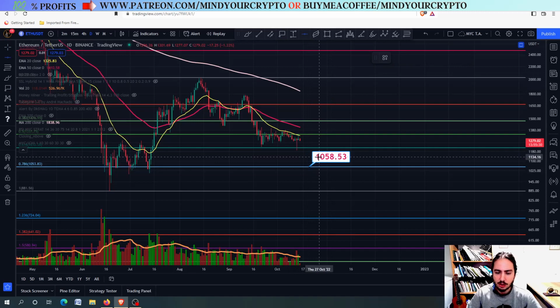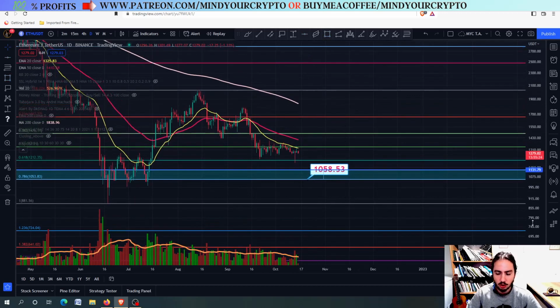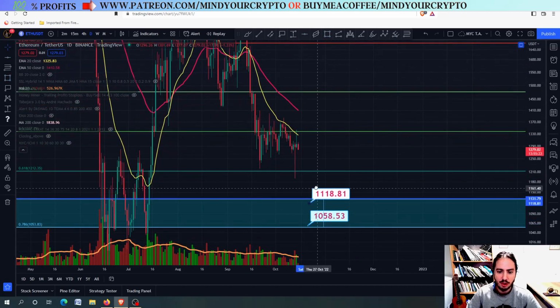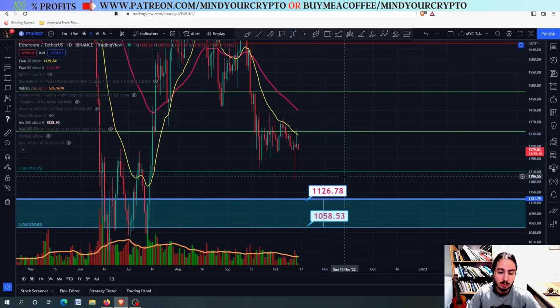Okay, there is a huge support level for Ethereum against USDT chart. Into this area right there, we are going probably to land and have the next buying pressure. But until then, do not expect anything spectacular for Ethereum. This is a -11% to -17% correction. This is a huge correction for Ethereum, but it is going probably to happen.